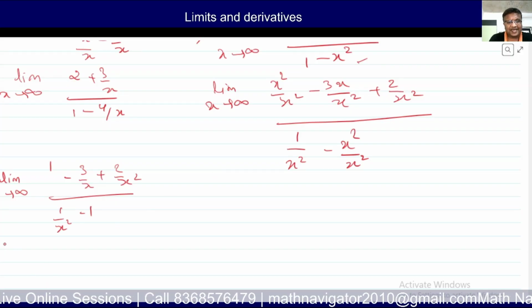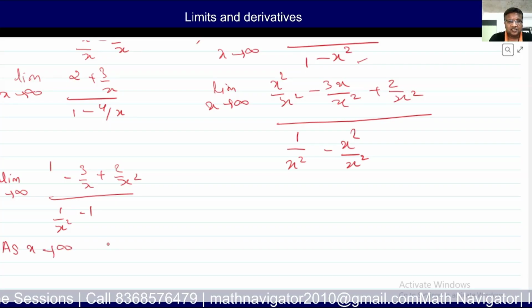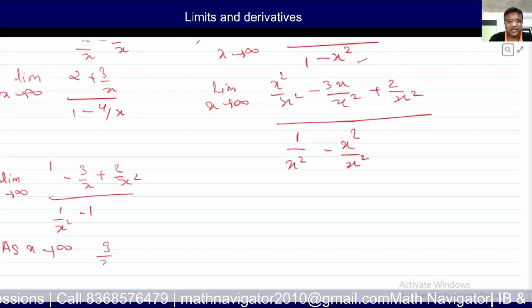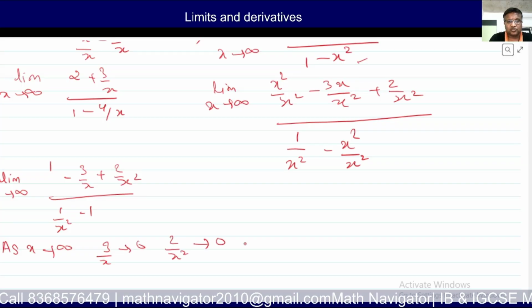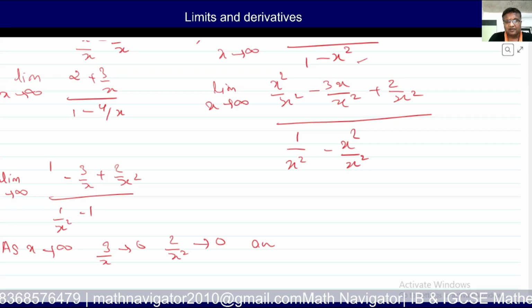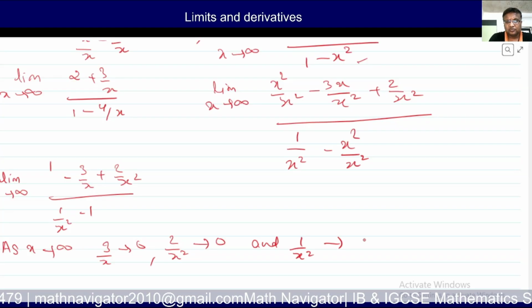So as x tends to infinity, 3 by x tends to 0, 2 by x squared tends to 0, and 1 by x squared tends to 0.